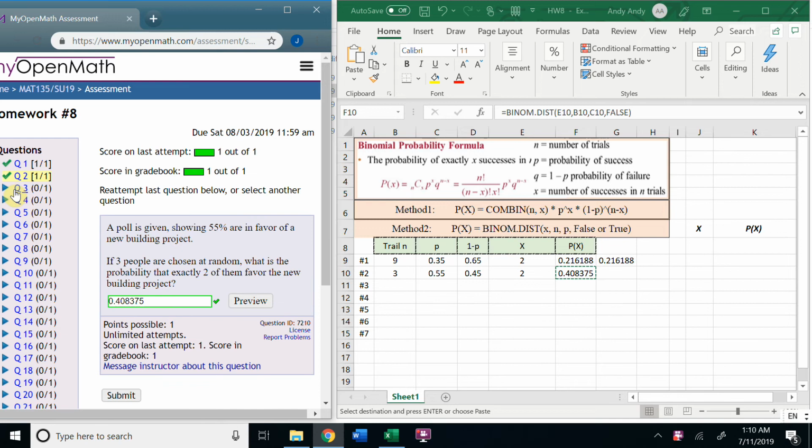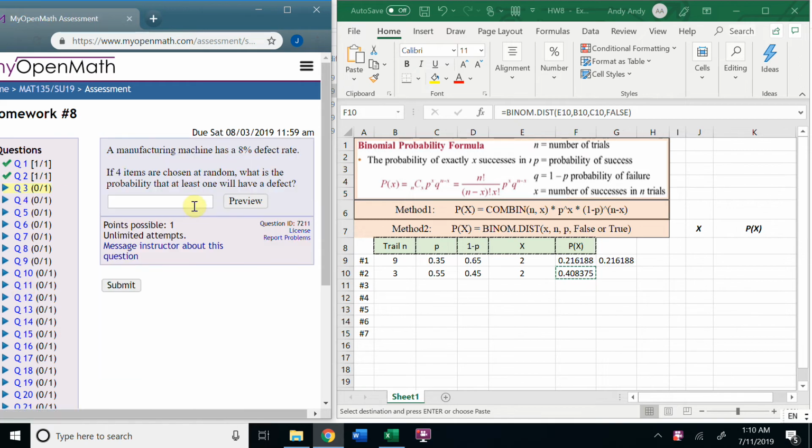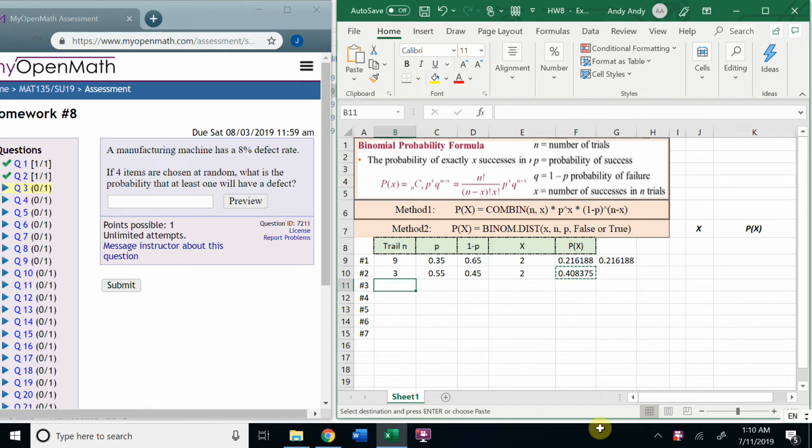Now let's do the third question. A manufacturing machine has an 8% defect rate. If 4 items are chosen at random, what is the probability that at least one will have a defect? So here N is 4.